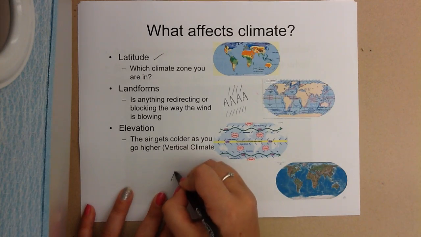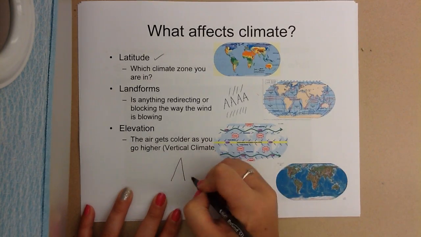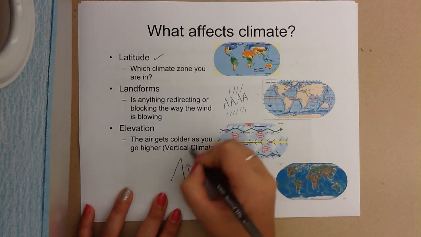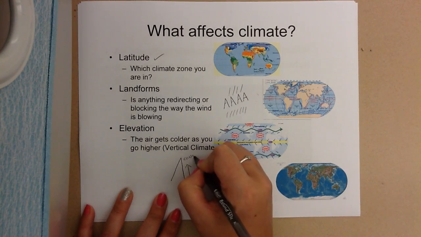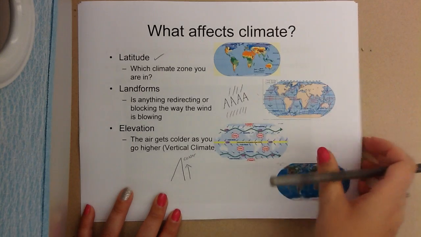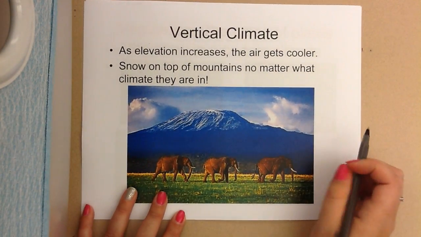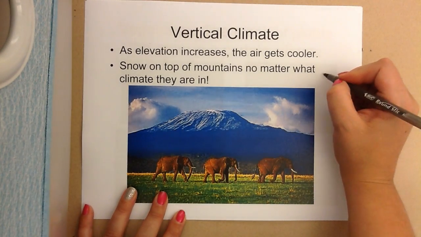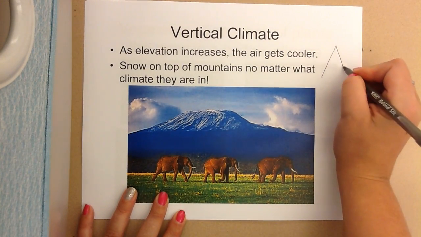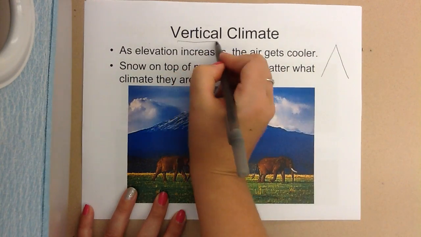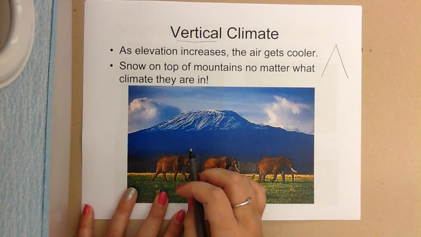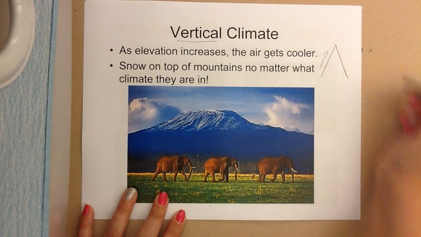Another thing that impacts climate is elevation. What happens in elevation is that as you go up, the air gets colder. Okay? And this is called vertical climate. So what happens is, again, I'll draw it again, on a mountain. So we're talking about the word vertical. Vertical means going up, like this.